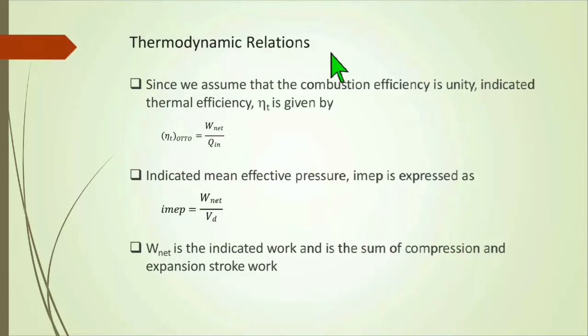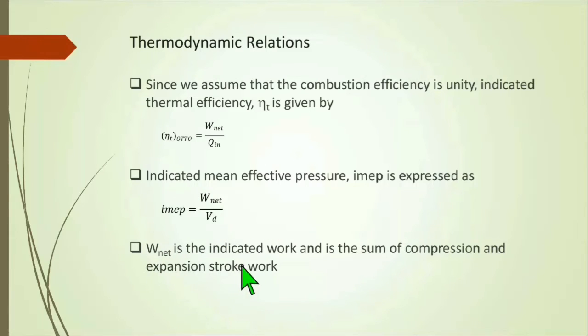Thermodynamic relations. Since we assume that the combustion efficiency is unity, indicated thermal efficiency eta T is given by eta T Otto is equal to W net by Q in. Indicated mean effective pressure IMEP is expressed as IMEP is equal to W net by VD.